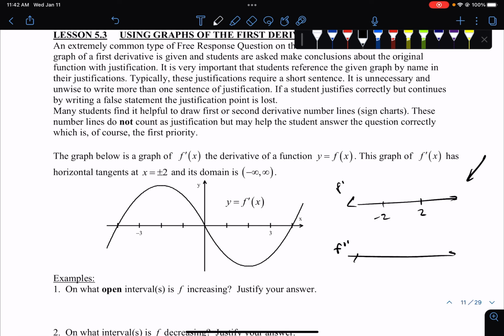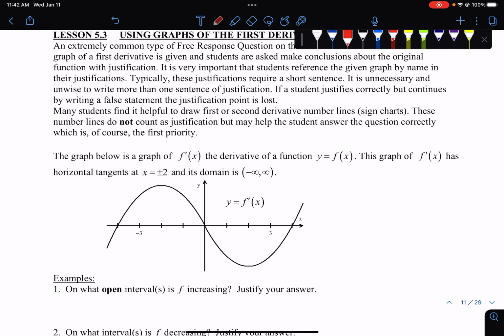You have to write a sentence justifying why your answer is what it is. They just help you maybe sometimes justify it. On top of that, you have to use this information to justify. All right, if you're justifying something about the f function, you need to talk about the information they gave you and use it as the justification.